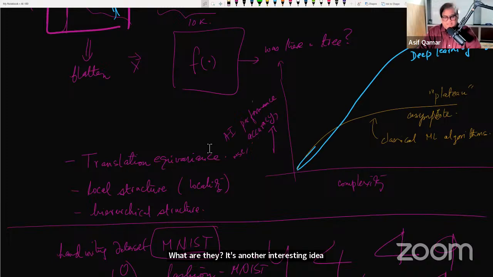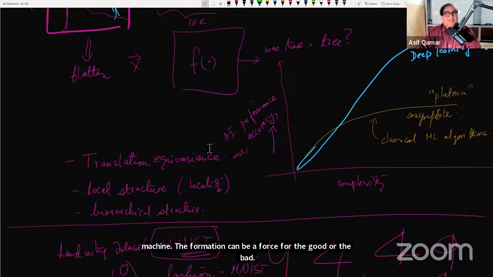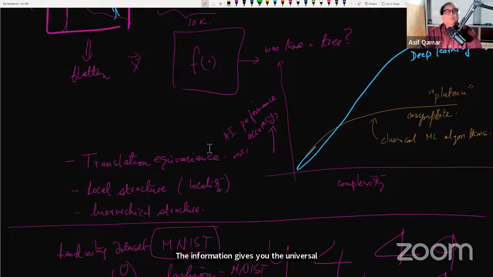It's another interesting idea. See, every time you pass information through a feed-forward layer or any neuron, remember, an activation function is there. What does the activation function do? It's a deformation machine. Deformation can be a force for the good or the bad. Deformation gives you the universal approximator. It gives you the flexibility. But what if the previous layer already had discovered something interesting, right?